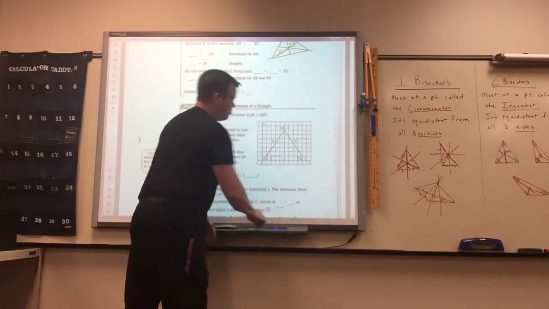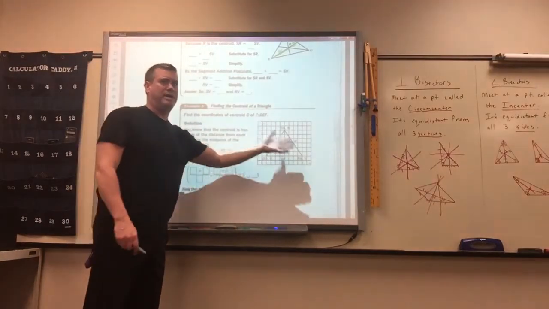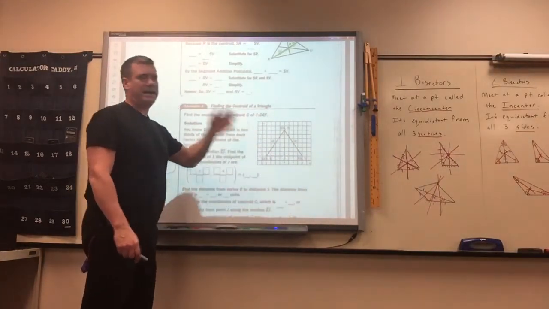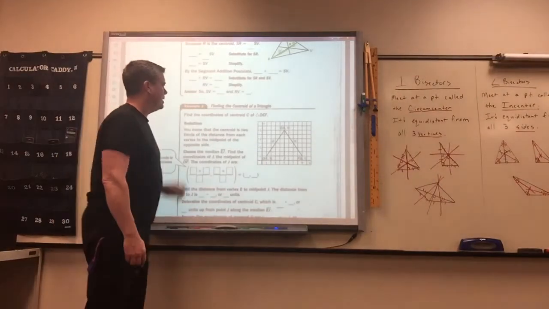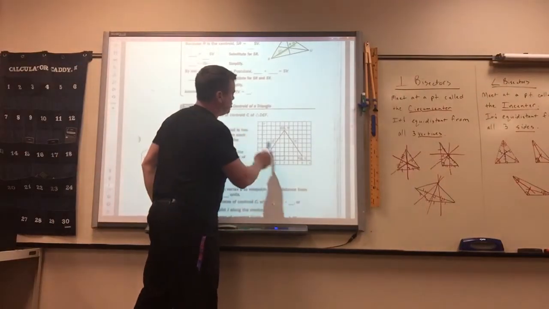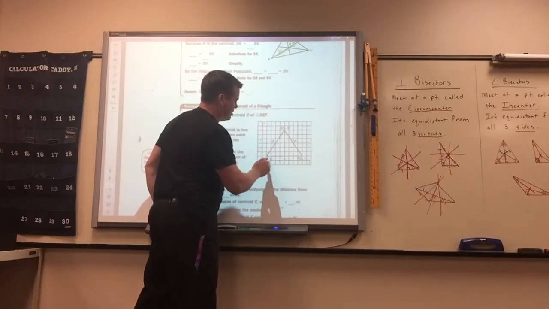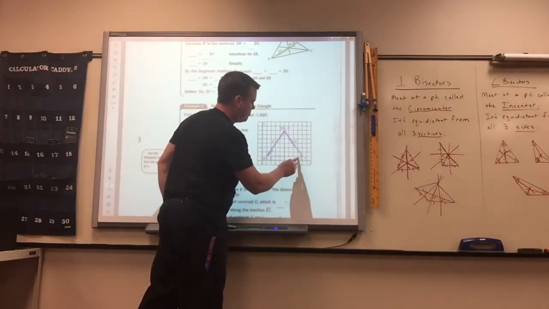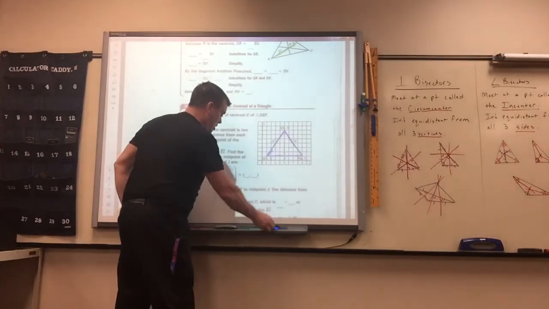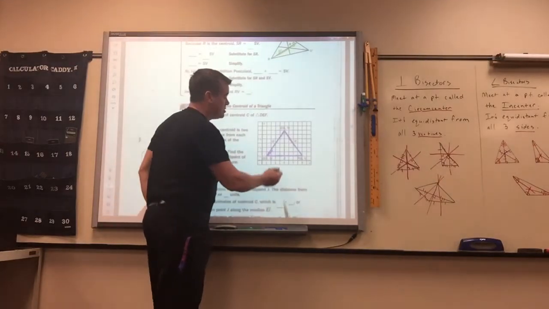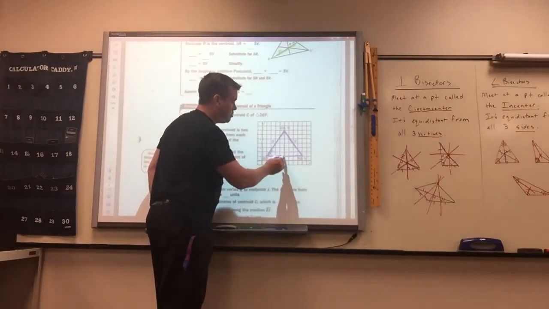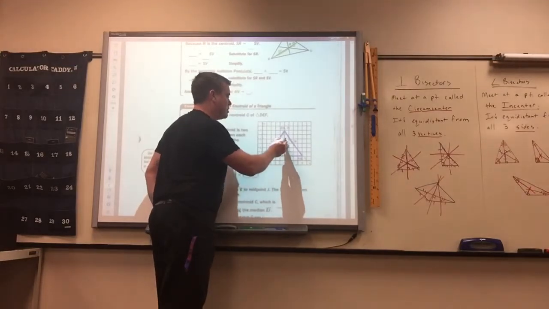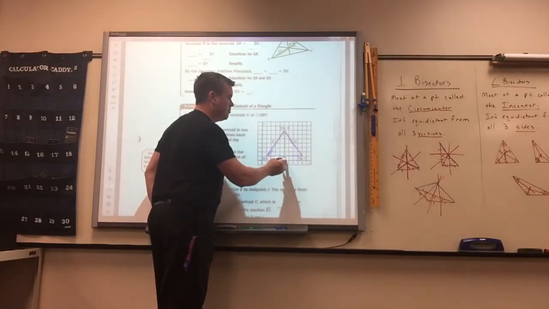That's what half of your assignment is like today. Finding coordinates. We got like 4 problems where they give you a graph like this, and you have to answer 4 questions on it. Find the coordinates of the centroid C of triangle DEF. So a centroid, remember, connects the midpoint to the opposite vertex, so there's one right there.